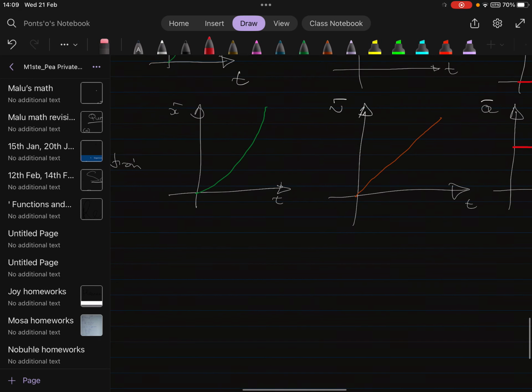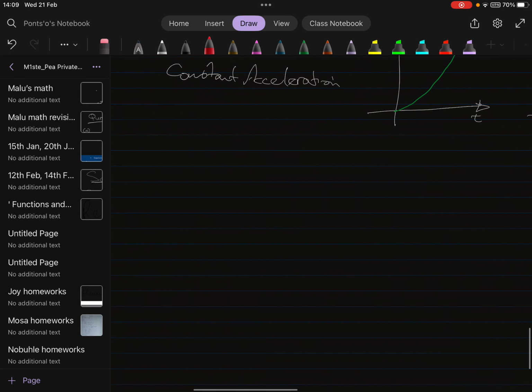Alright, so case 1, initial velocity upward. If we consider an object undergoing the following motion at a time t equals 0 seconds, so when the timing starts, that's its h.